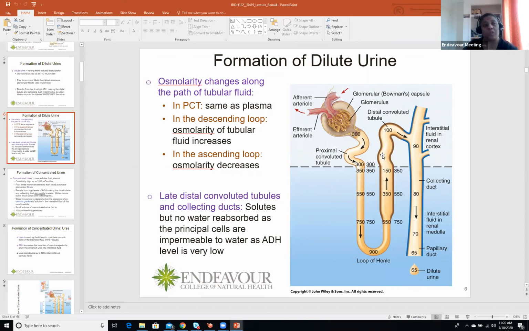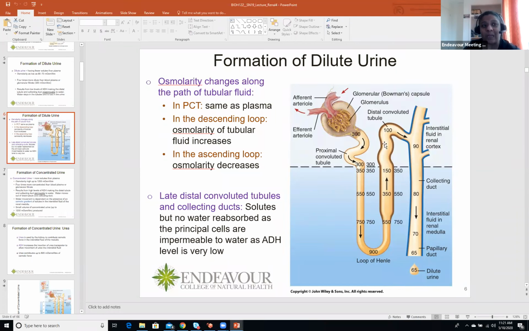So what happens to the osmolarity? See how it is dropping. From 900, it drops to 550 to 350 and almost 150. By the time it reaches the distal convoluted tubule, osmolarity has dropped to 100 milliosmoles per liter. So very, very less compared to the plasma, right?